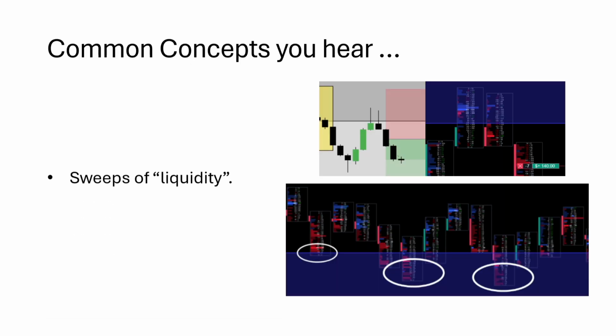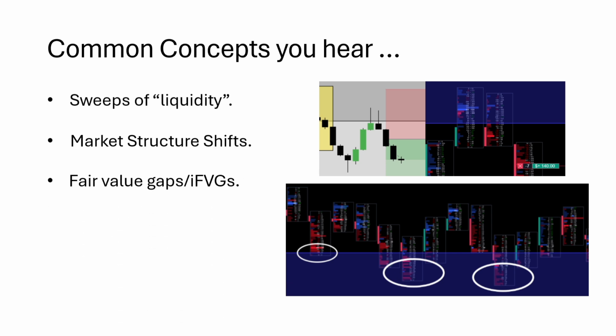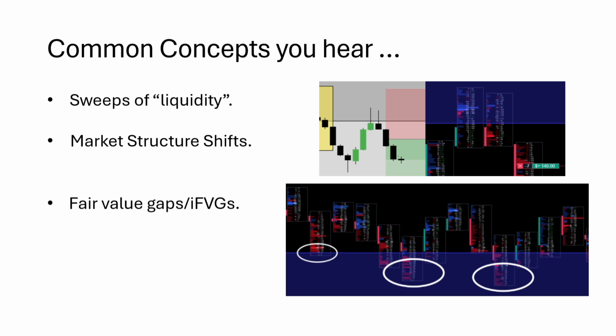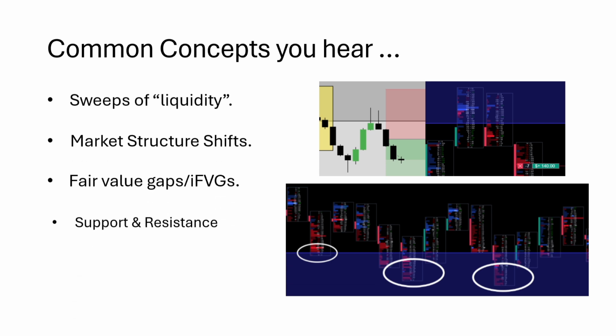So just before we go on to that, my previous videos included this slide as well. But if you're trading liquidity sweeps, market structure shifts, IFEG, support and resistance, trend lines, if you're trading all of these sorts of things without the ATS platform, then this is probably where you want to ask yourself the question, are you looking to trade the markets or are you looking to extract money from the markets, right?